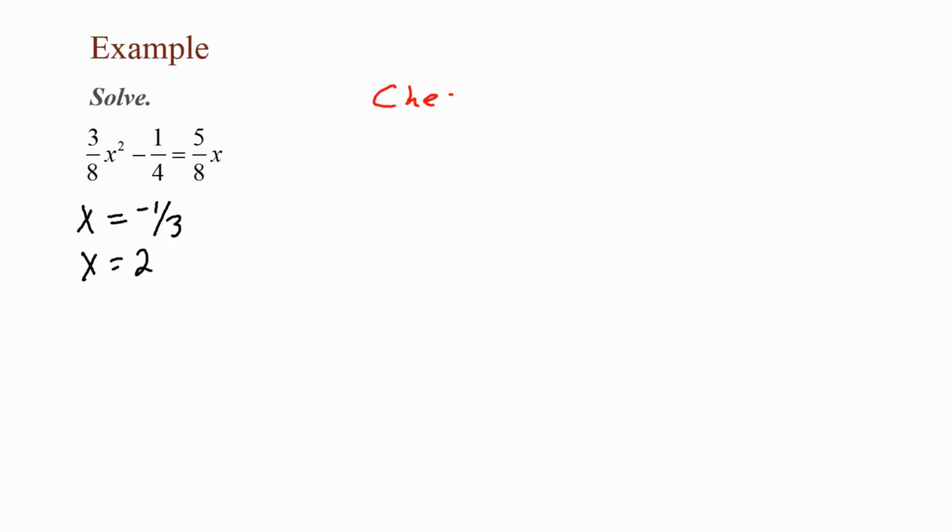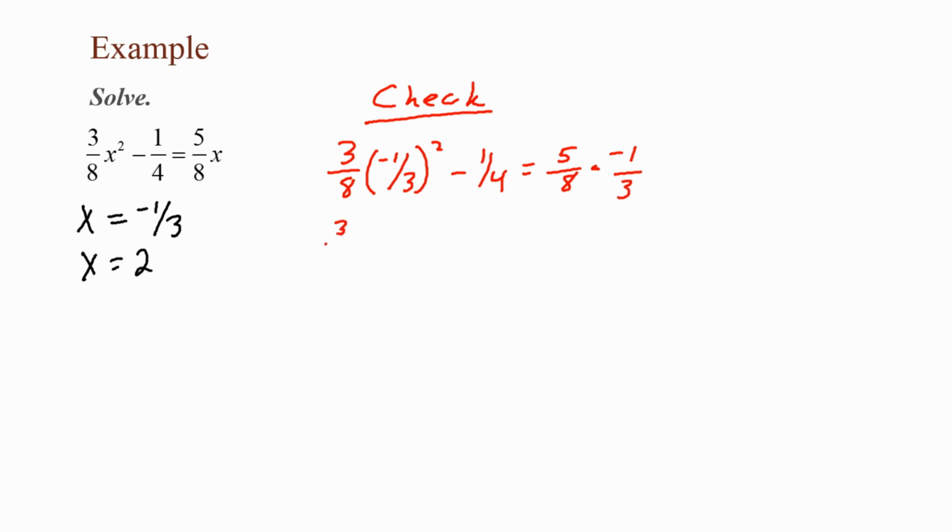Now to check our work, I have 3 over 8 times negative 1/3 squared minus 1/4 equals 5 over 8 times the negative 1/3. 3 over 8 times negative 1/3 squared is 1/9 minus 1/4 equals 5 times negative 1 is negative 5. 8 times 3 is 24. 3 over 8 times 1/9, I can cancel my 3 and my 9.